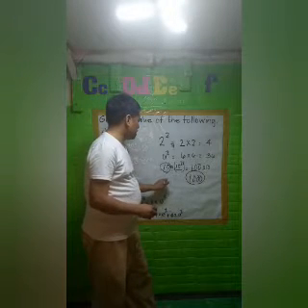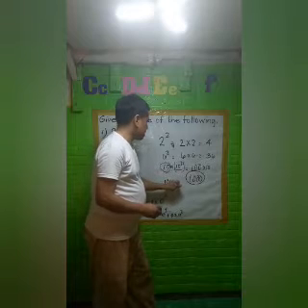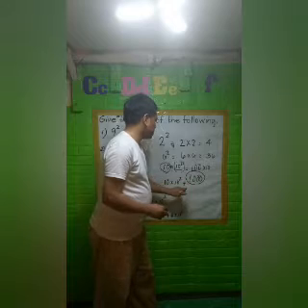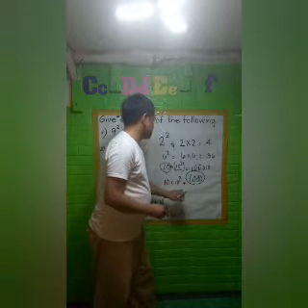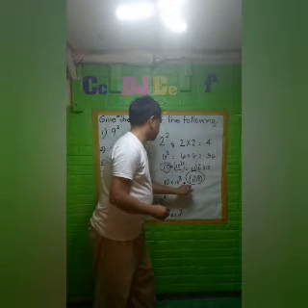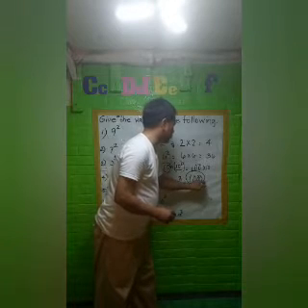So another one, let's say for example 10 times 10 to the power of 3, plus 10 times 10 to the power of 2.